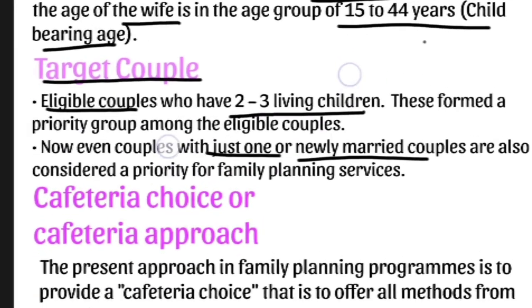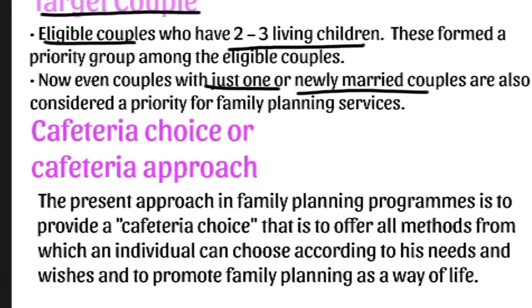Next we have cafeteria choice or cafeteria approach, and this is the right of choice. Like the family planning program will be followed, but we have to give choice to that couple, to that individual, as to which method to be followed. You can't say we have only this method, you have to follow this method only for the family planning purpose.